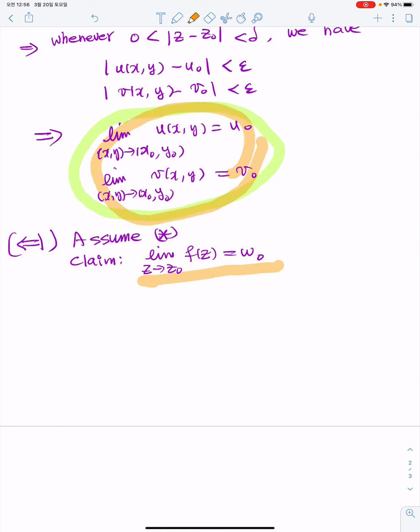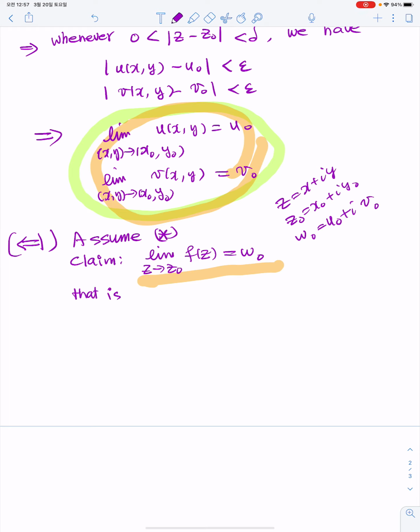Okay. Here z equals x plus iy, z0 equals x0 plus iy0, w0 equals u0 plus i v0. So the claim is this.